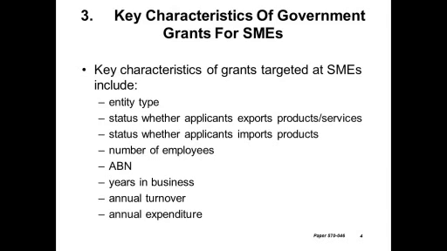In the material we also talk about annual expenditure because it's a potential entry requirement for Enterprise Connect. And Enterprise Connect is arguably the largest grant available on a numeric basis for small businesses in Australia.